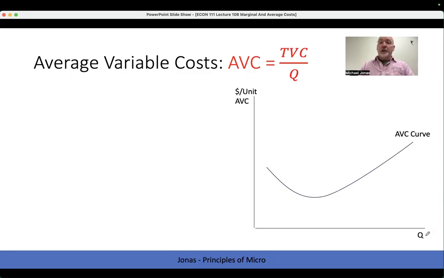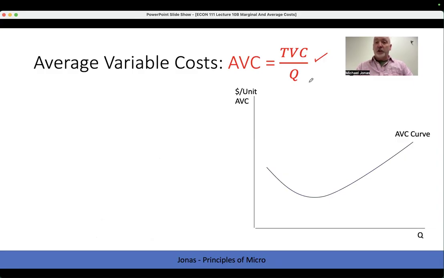Now, when we get back to the labor side of things, now is where we have to reconsider the impact of labor productivity, marginal product of labor, and that law of diminishing returns. As far as the definition, again, our average variable cost, our AVC, is total variable cost over quantity. And note, right, we can't put a little line over total variable cost here.